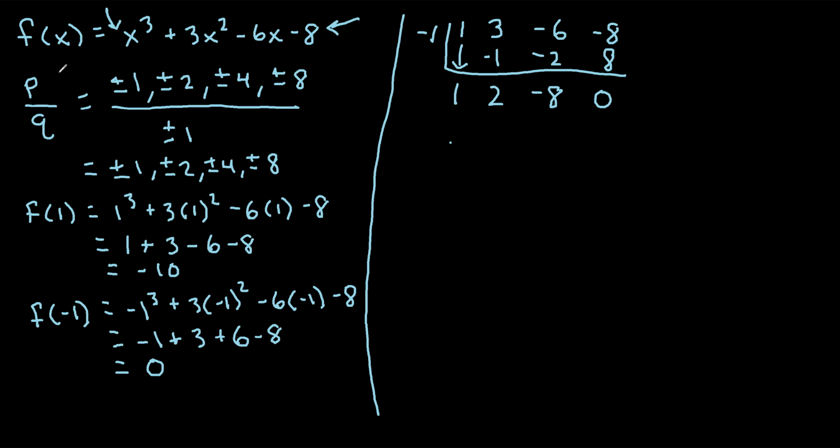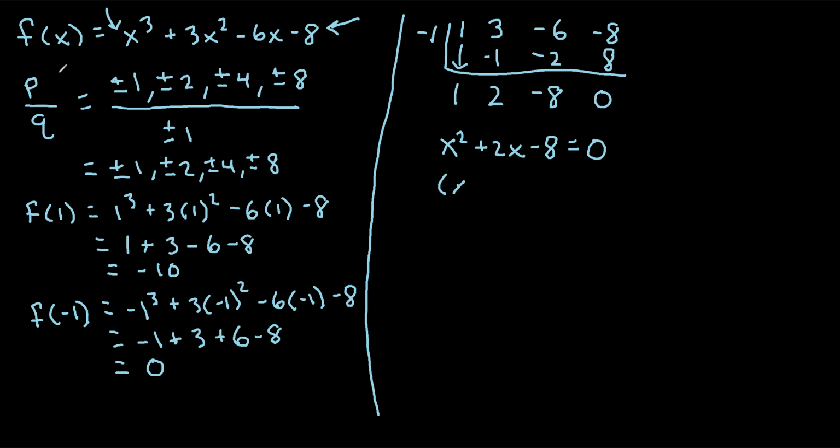So now we can rewrite the original equation as x squared plus 2x minus 8. Now, to find the remaining zeros, we just need to factor this. So we need to think, what values multiply to -8 but add to 2?